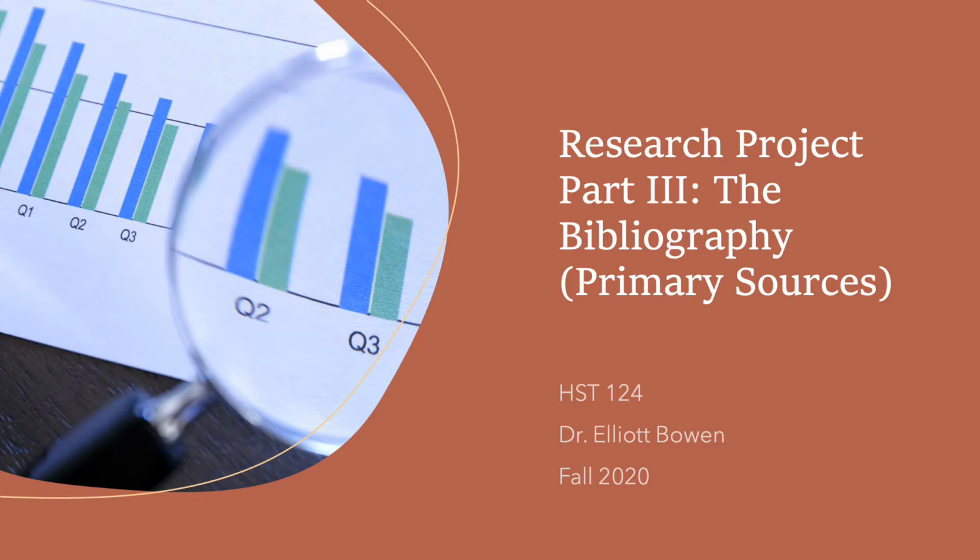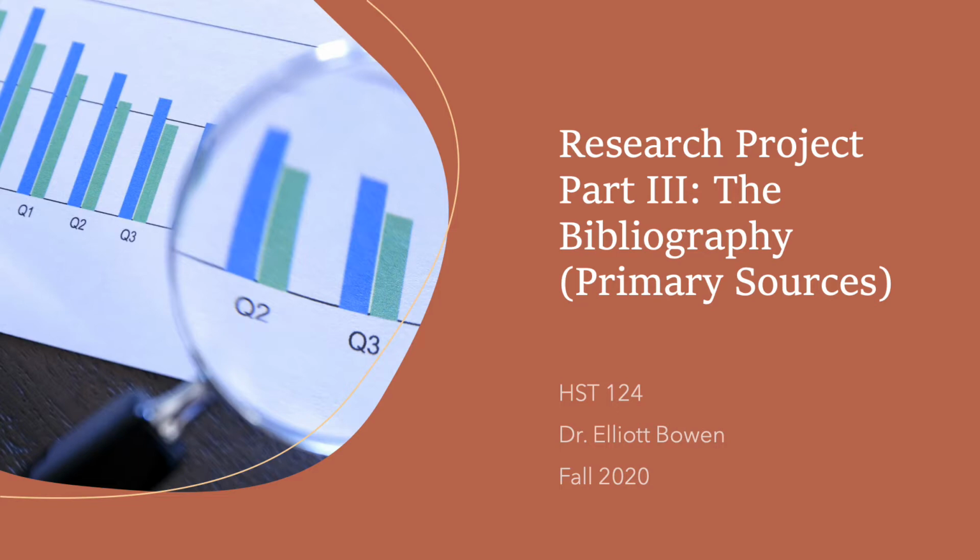This one offers you some tips on how to put together the third part of your research project, which is going to be a bibliography of primary sources. At this stage of your research, you've already put together a proposal and have assembled a list of 7 secondary sources related to your research question.